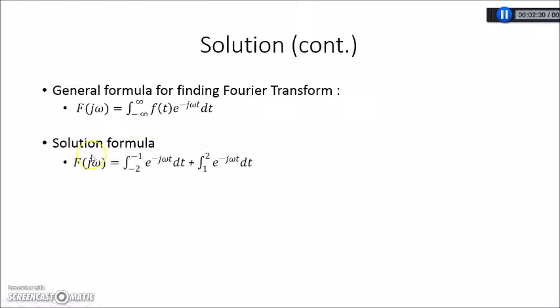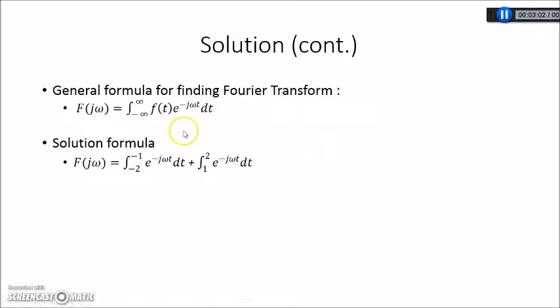So we deduce that our Fourier transform is the integral of e to the power of negative j omega t from negative 1 to negative 2, and the integral of e to the power of negative j omega t from 2 to 1.